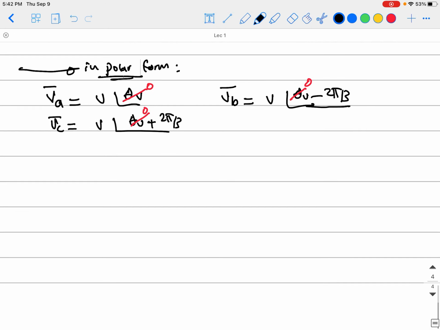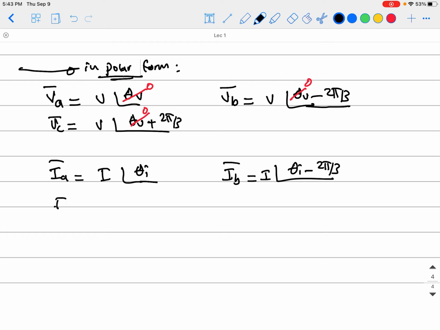Okay, guys? The same thing with the currents that come from the source. IA will equal I, RMS, don't forget that, with angle theta I, IB will be with angle theta I minus 2 pi over 3, and IC will be I RMS with angle theta I plus 2 pi over 3.